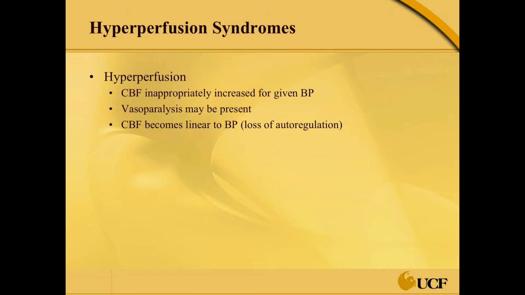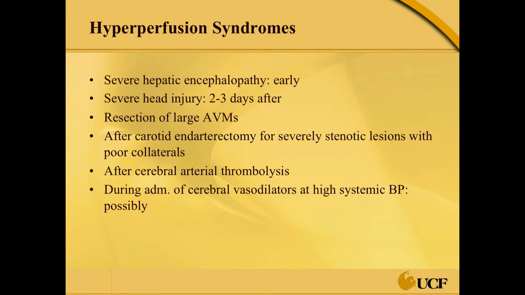This happens because there's a loss of autoregulation, which results in this vasoparalytic event, which basically lets the cerebral blood flow go unchecked. So a very awful situation occurs where, like we said before, you have a closed cranial vault, you increase perfusion, you increase blood volume, you're going to herniate, you're going to cause other problems.